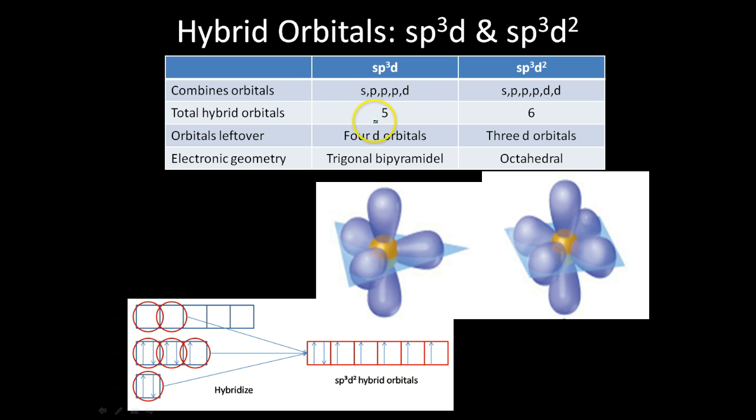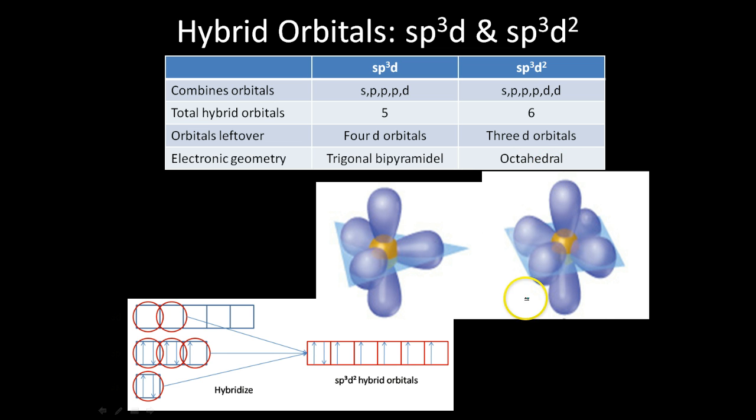This gives 5 hybrid orbitals around a central atom, and you see it ends up with that shape that we showed earlier for trigonal bipyramidal. If we add one more orbital, we take the s, all 3 of the p's, and 2 of the d orbitals, and we end up with a total of 6 hybrid orbitals. We call this an octahedral electron geometry.